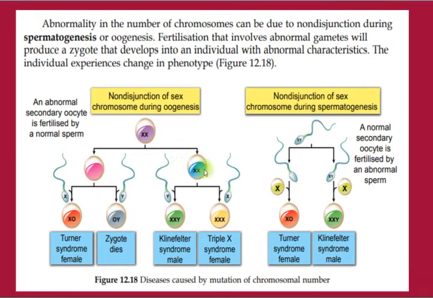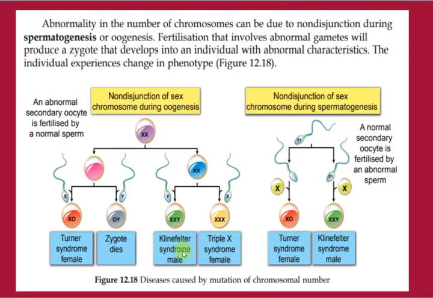And what happened to the secondary oocyte that carries an extra X chromosome? If it is fertilized with a sperm, it will produce a zygote with XXY. This will cause Klinefelter syndrome in male.